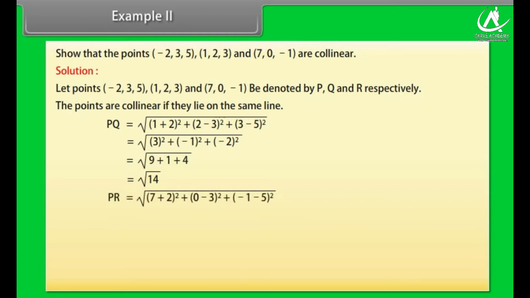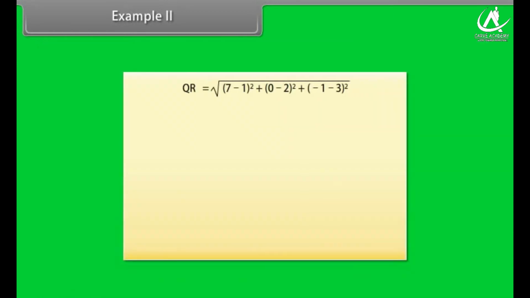PR is equal to square root of (7 plus 2) squared plus (0 minus 3) squared plus (-1 minus 5) squared. After calculating PR, we get 3 into square root of 14. QR is equal to square root of (7 minus 1) squared plus (0 minus 2) squared plus (-1 minus 3) squared.